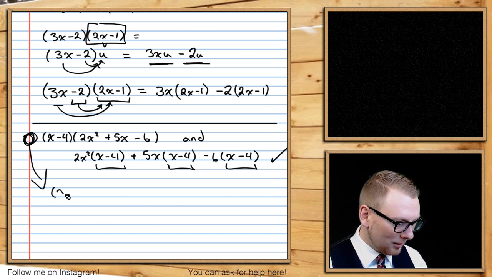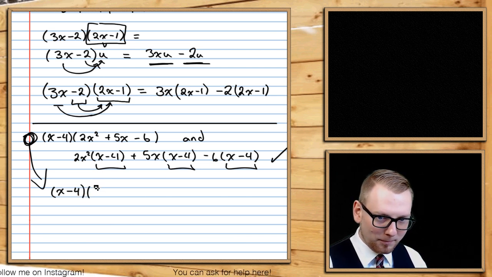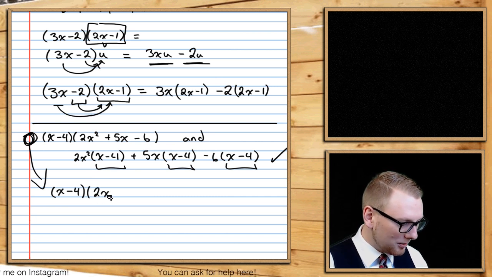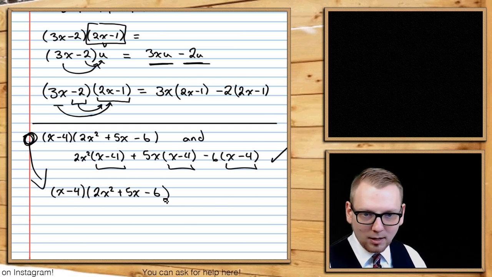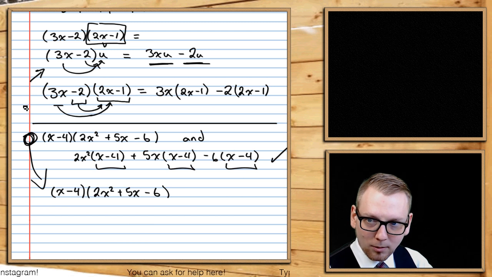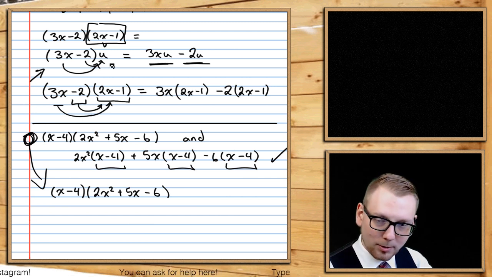So we're going to go x minus 4. We've got 2x squared plus 5x minus 6. Same thing as we did earlier up here. We did each term multiplied on, yeah?